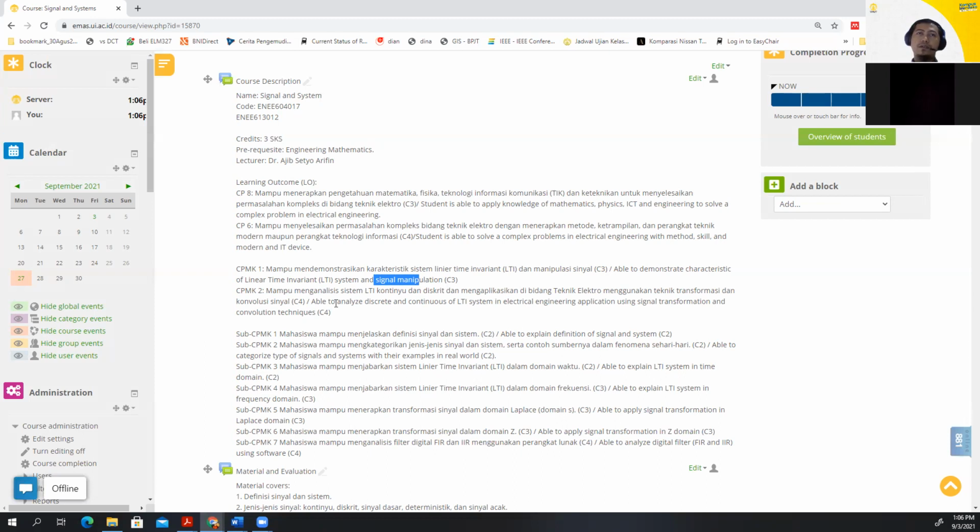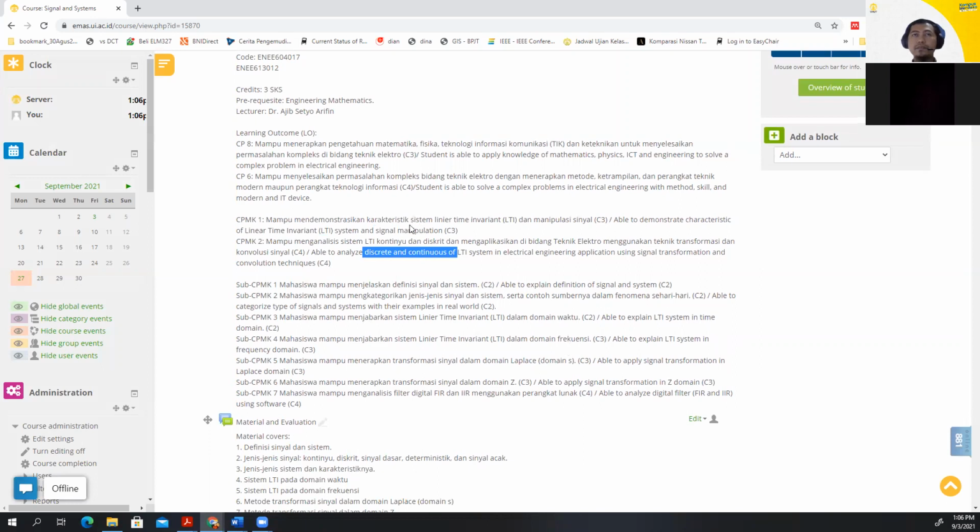You also have to be able to analyze discrete and continuous LTI systems in electrical engineering applications using signal transformations and convolution techniques. These two CLOs are then broken down into several sub CLOs.